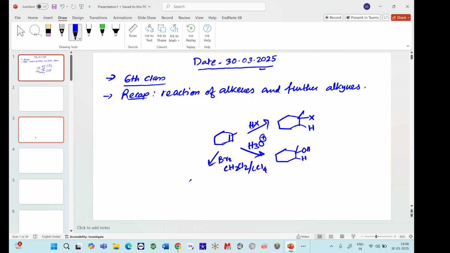Then what you will get is a vicinal dihalide with anti-addition, right? So it will be like this. These are anti-addition.